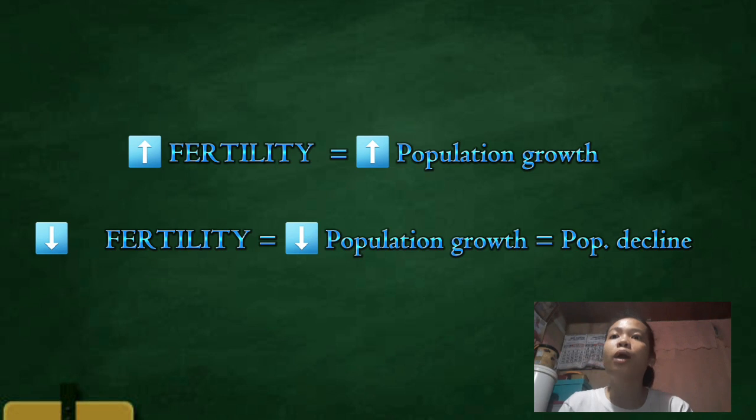Okay, so fertility rates also have significant demographic impacts on society. High fertility rates can lead to population growth, while low fertility rates can result in population decline.